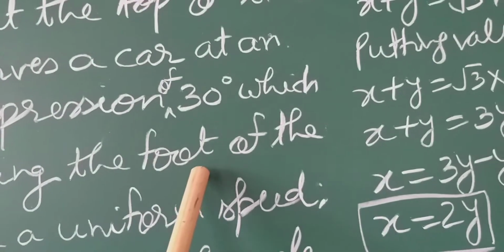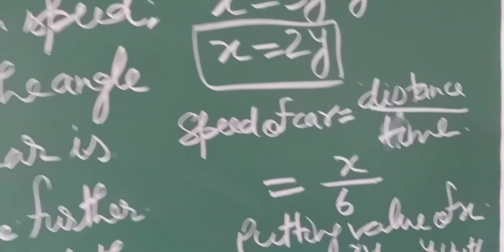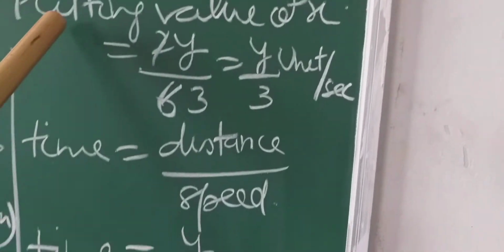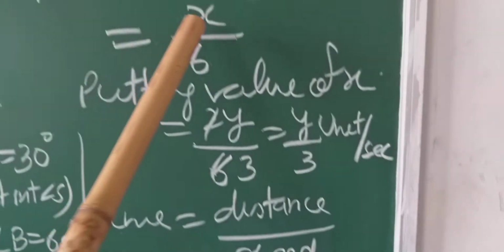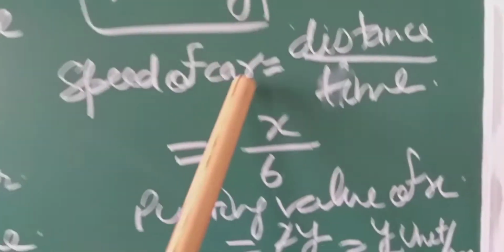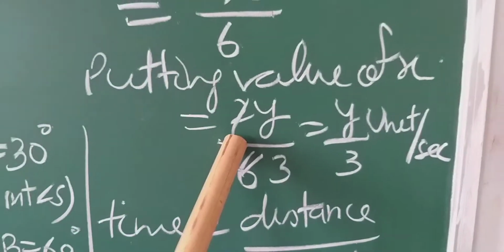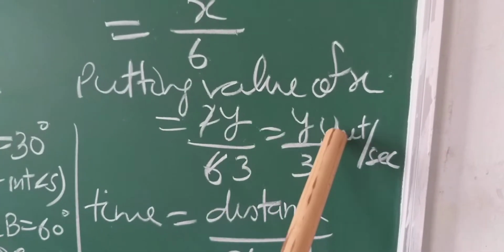You can see here, with a uniform speed. So now let us calculate time. And student, the value of x is given to us. The value of x is 2y. So in place of x we can write 2y. 2 over 6 is y upon 3 units per second.